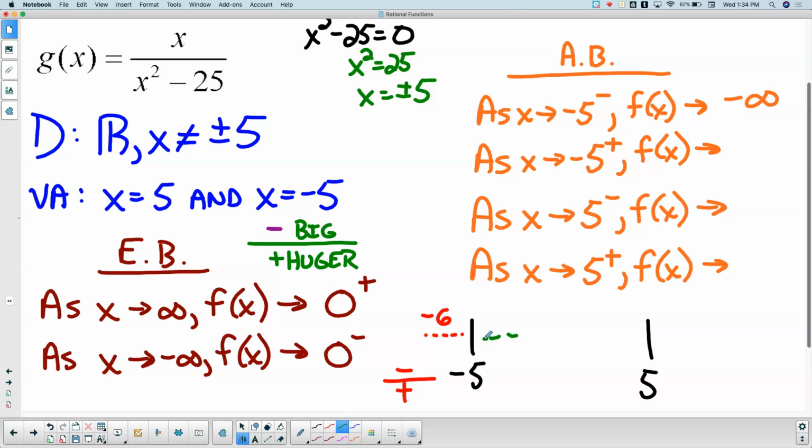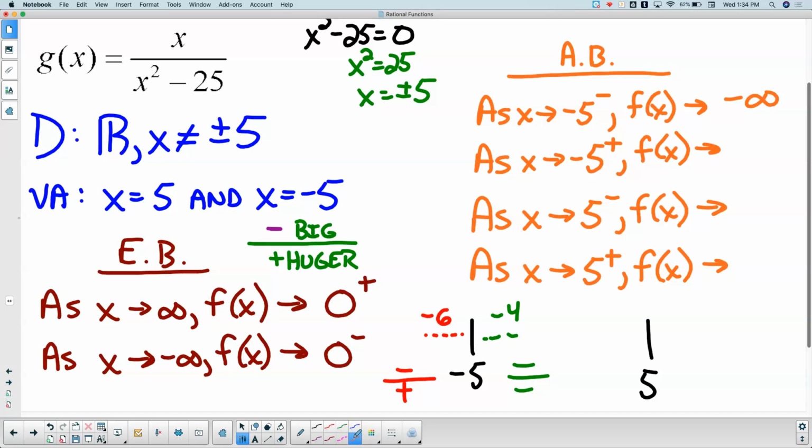Come in from the right side. What's the number on the right side? Negative 4. Okay. So if I plug that in, that's going to give me a negative number on top, right? What about the bottom? Negative, right? It would be 16 minus 25, that's negative. So what's that one going to go to?